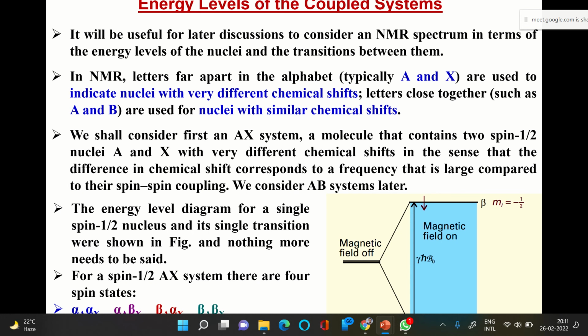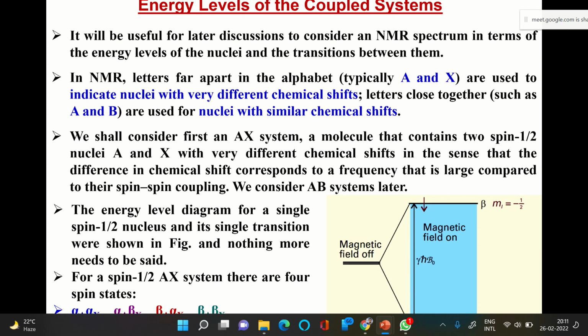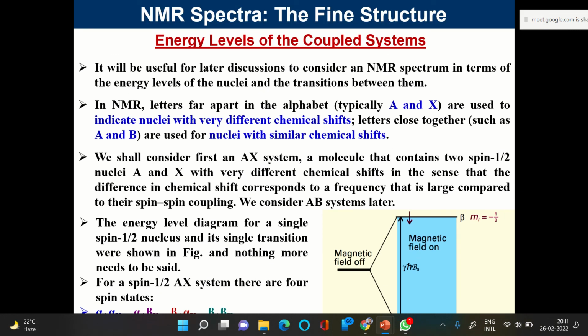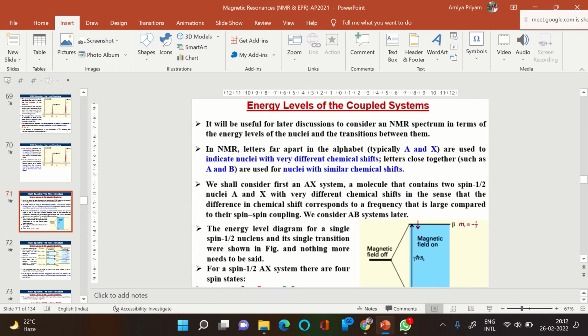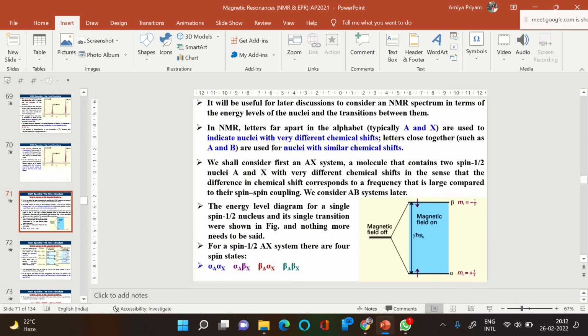Alpha alpha means both have plus half as the quantum number, so you can expect the orientation to be up spin.